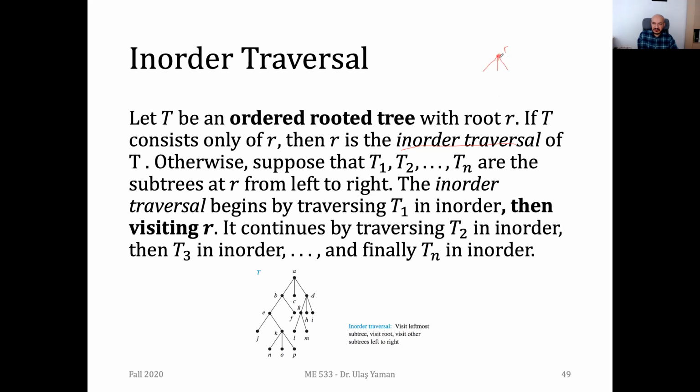again, we will assume that there are some children starting from T1 to Tn. So here is the rule. The in-order traversal begins by visiting T1 first. So T1 will be the first item. And then we will visit the parent, which is R, and then continue with the remaining siblings of T1.